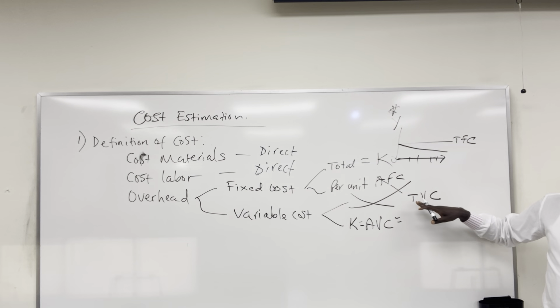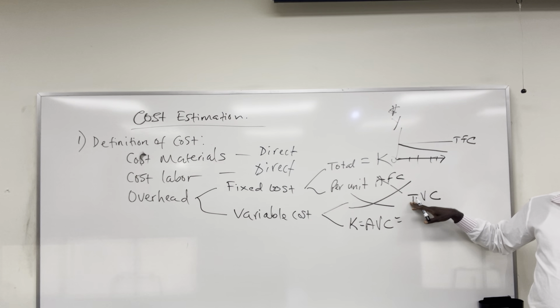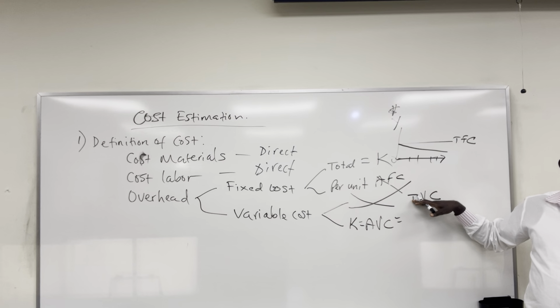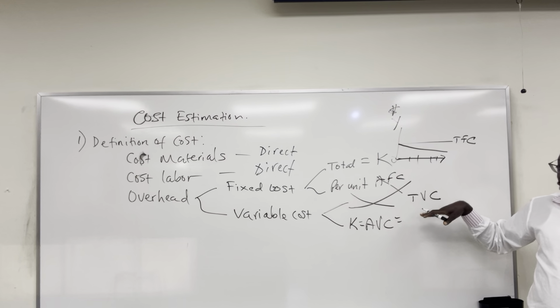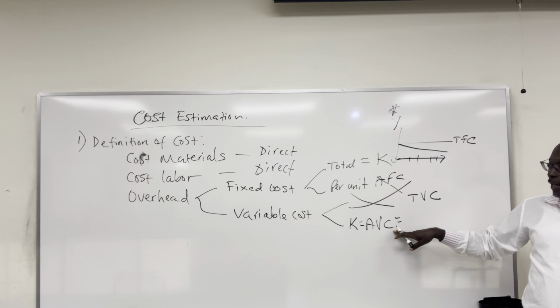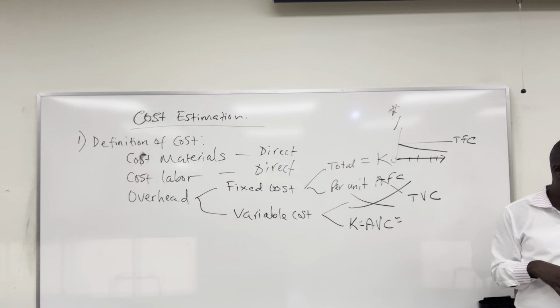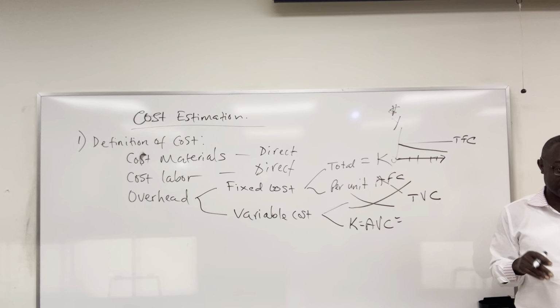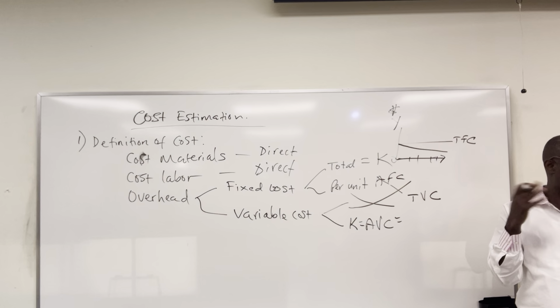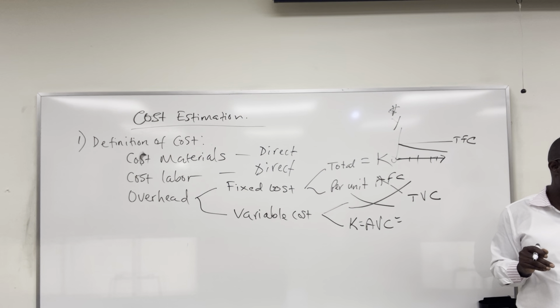Similarly, total variable cost is going to increase or decrease as you increase or decrease the level of activity. Does that make sense? Total variable cost. And then the average variable cost is going to remain the same over time. That's the cost per unit of making a call, something like that, right?